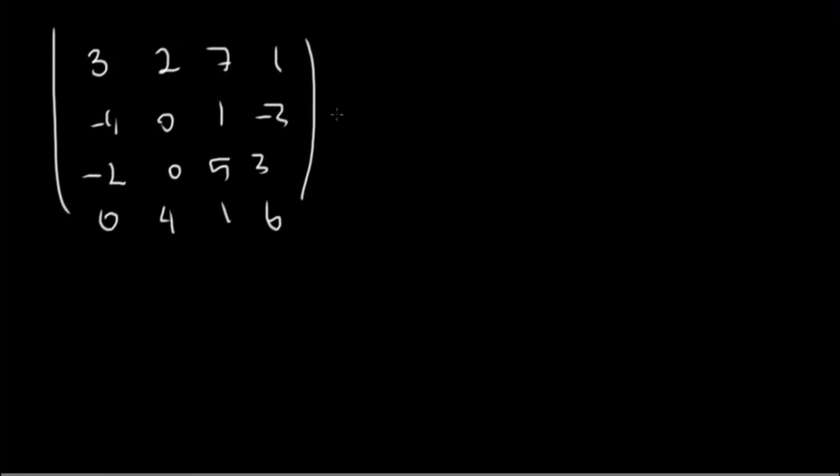I want you to find the determinant of this 4x4 matrix. Torturous? Maybe, if you were to expand along row 1, but there is a sneaky way to do this problem, so I'm going to leave it for you guys to determine.